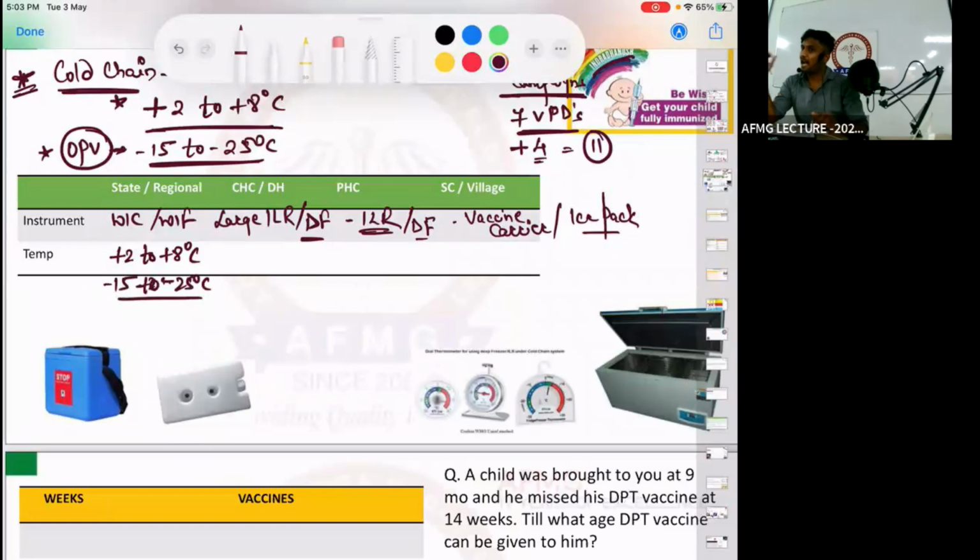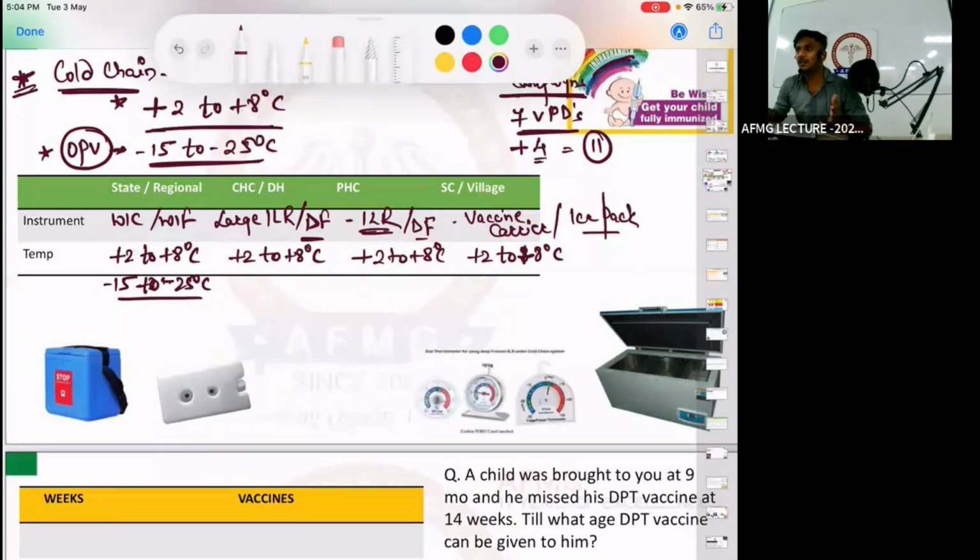The same applies for ILR, +2 to +8, and deep freezers -15 to -25. What is the temperature of vaccine carrier? +2 to +8 degrees Celsius. What is the temperature of ice pack? Again same, +2 to +8 degrees Celsius.